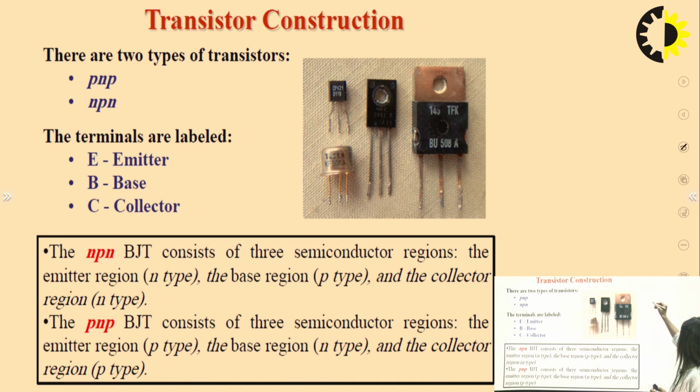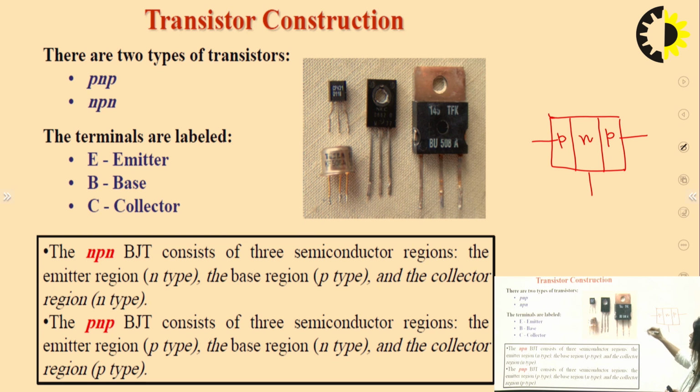Let's say this is P type semiconductor, this is N type semiconductor, and this is P type semiconductor. So here these are three terminals. First terminal would be emitter, second terminal would be base, and this one would be collector.